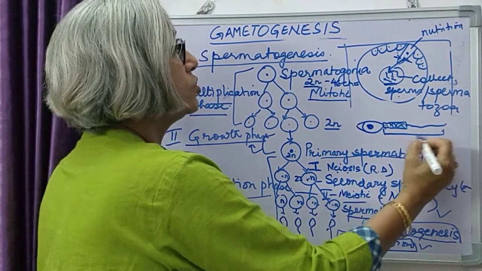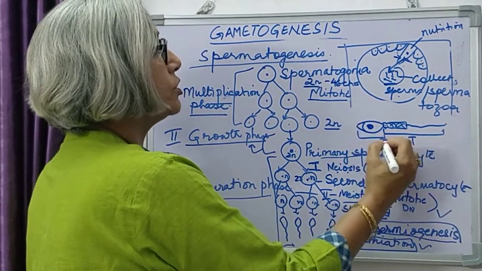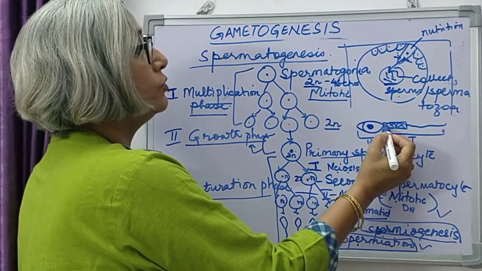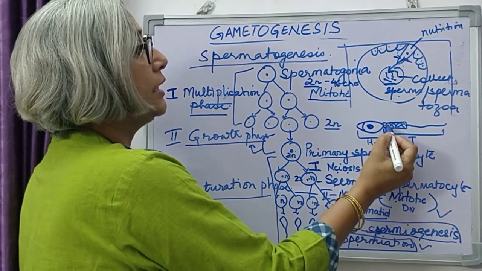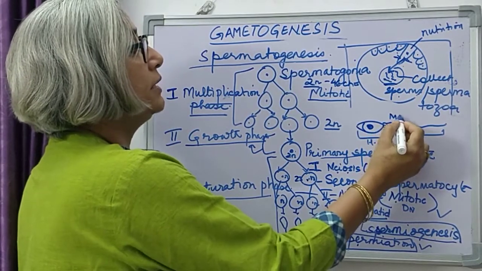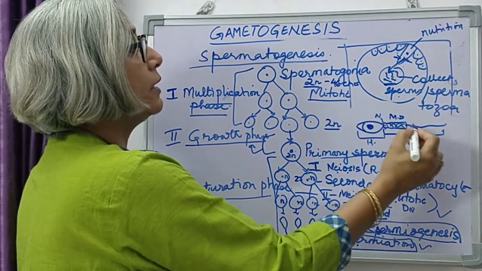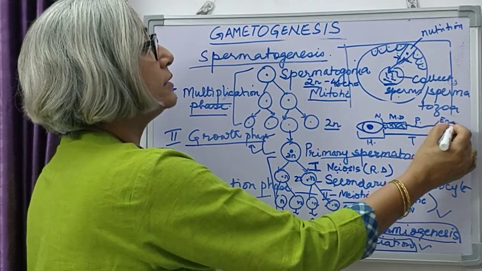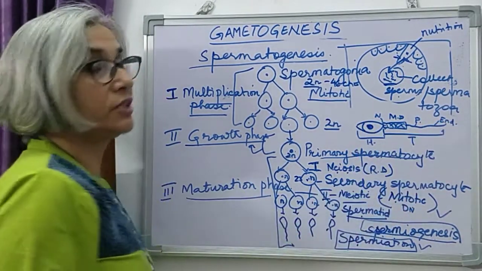This portion is called the tail. This portion is called the head. The tail is divided into the middle piece, the principal piece, and the end piece. So this was the structure of the sperm.